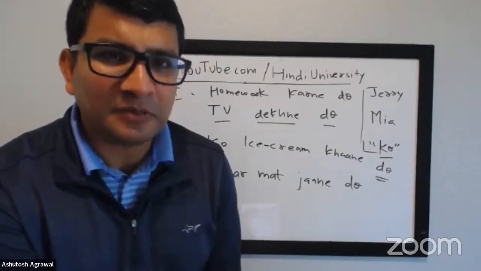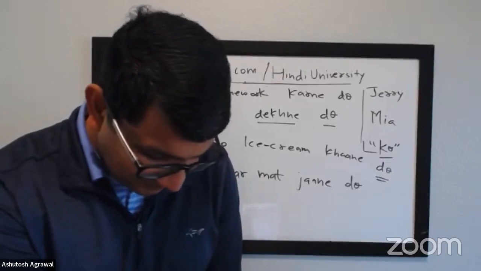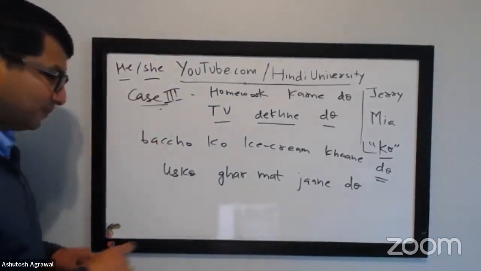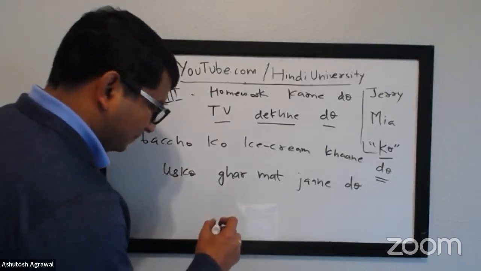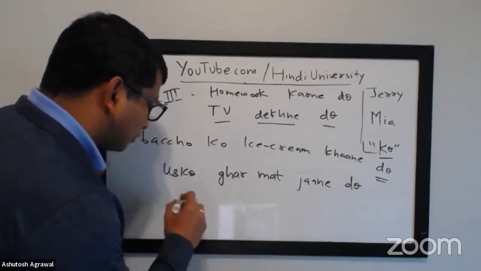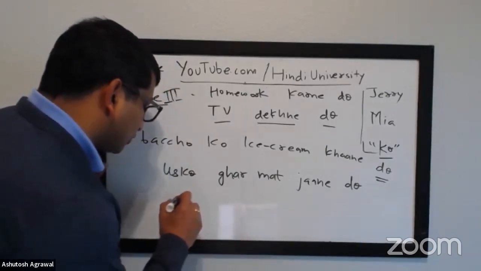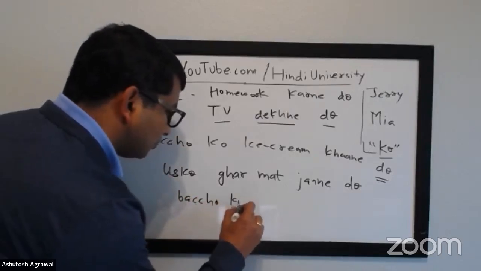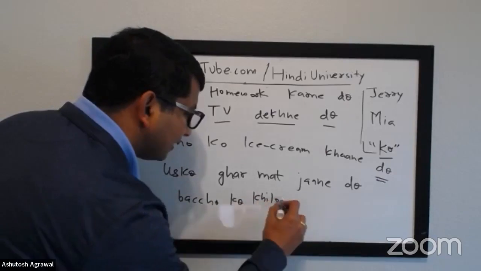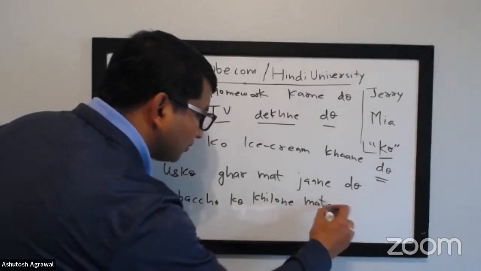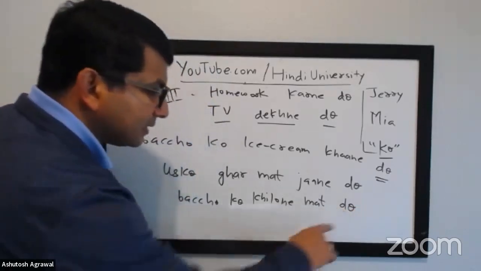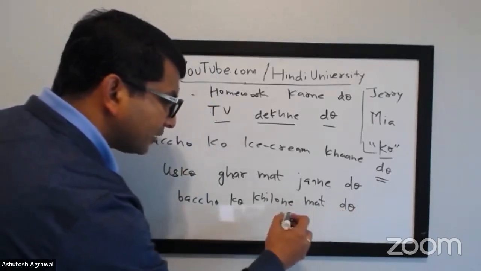Yes, keep going, Solomon. बच्चों को खिलौनों मत दे दो. Okay, so if you want to say just this one, बच्चों को खिलौने मत दो, don't give kids the toys. खिलौना is toy, खिलौने is plural.